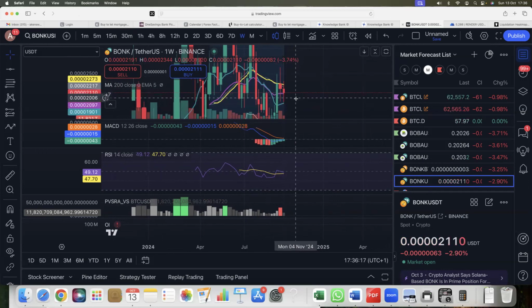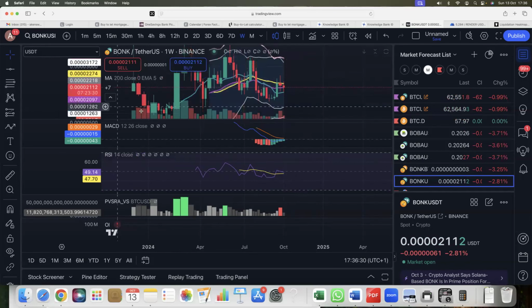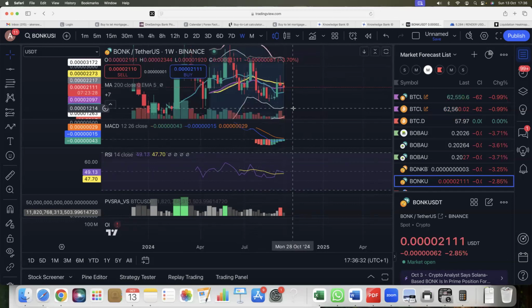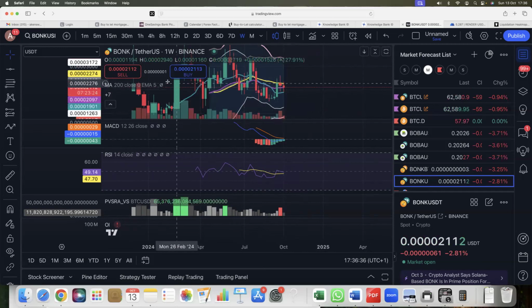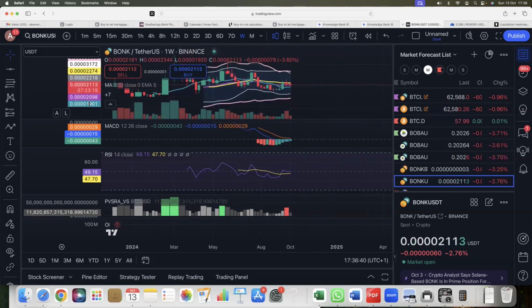So it's just a case of testing the wick. Maybe it falls back to 50% of the wick, which is 2014, and then continues going up. This is a pullback, not a collapse. It's a pullback to go up some more. It's done quite a good amount of falling already.